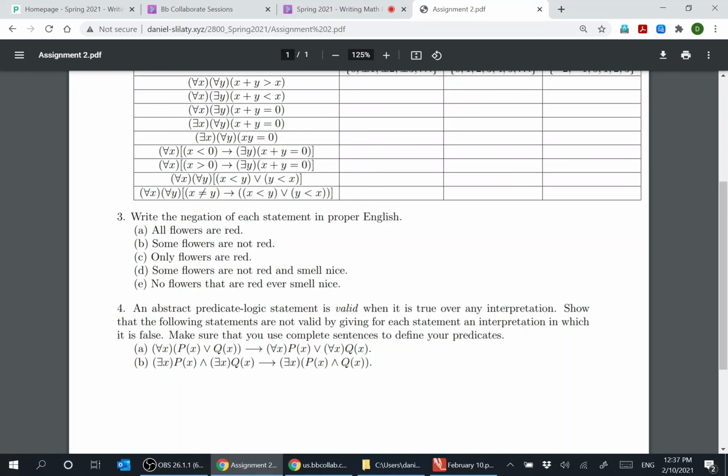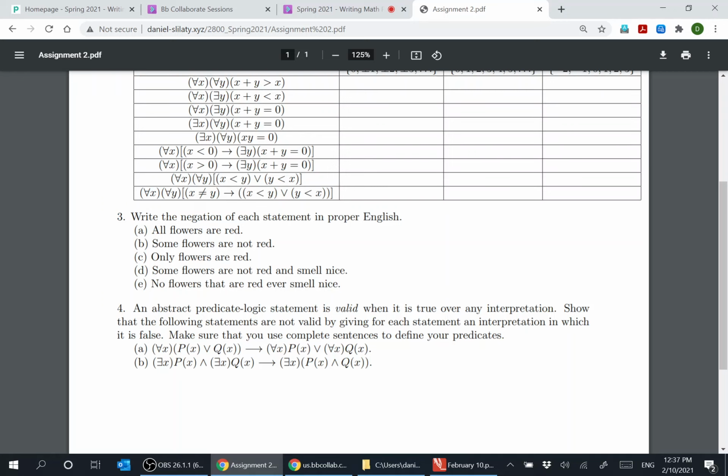Well, what would make this true and that false? Everything in the domain is a P or everything in the domain is a Q, yet everything in the domain is either P or Q. What would have to be the case with P and Q to make this true and that false?